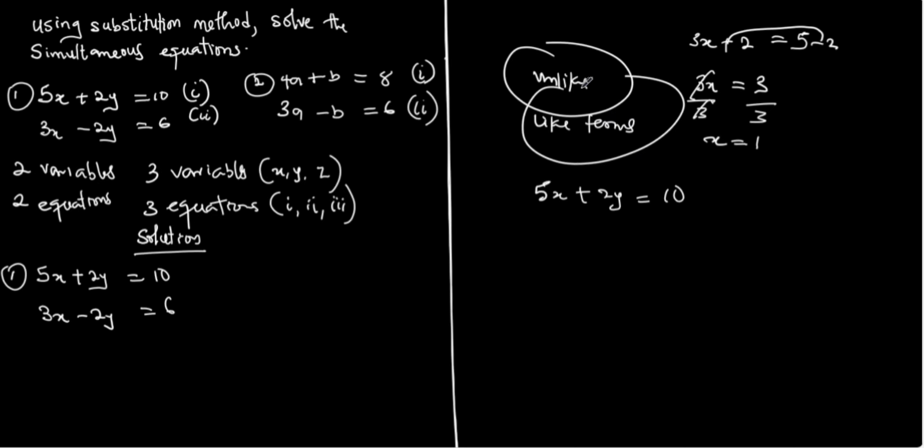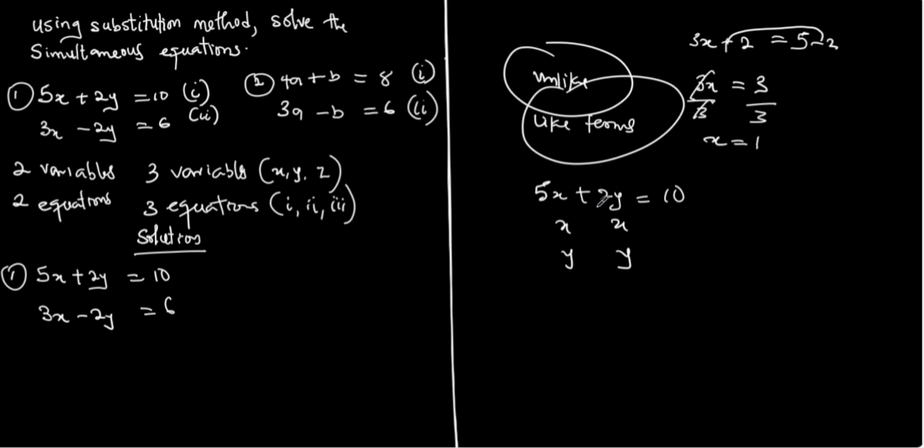Which means I must either have both variables to be x and x, or both variables to be y and y. Then I can add both of them together. And that is where the idea of substitution method comes in. So what do I do? I need to find a way to ensure that I have y at the two times, or I have x at the two times.